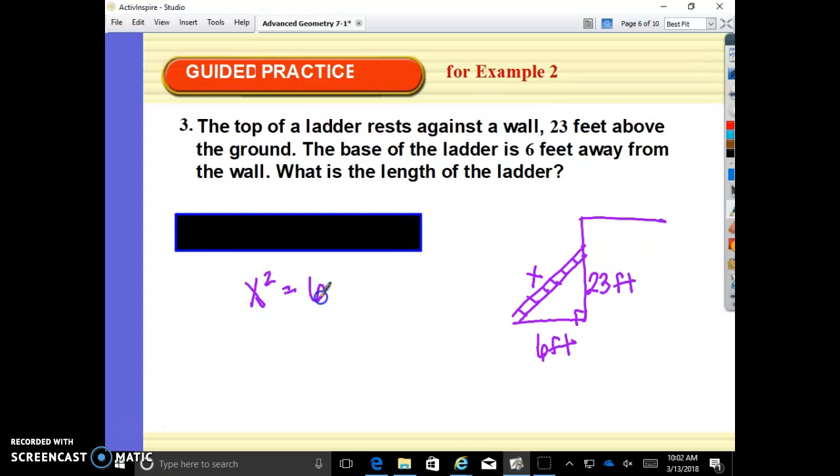X squared equals 6 squared plus 23 squared. 6 squared is 36. 23 squared, 529. Add them together. 565.